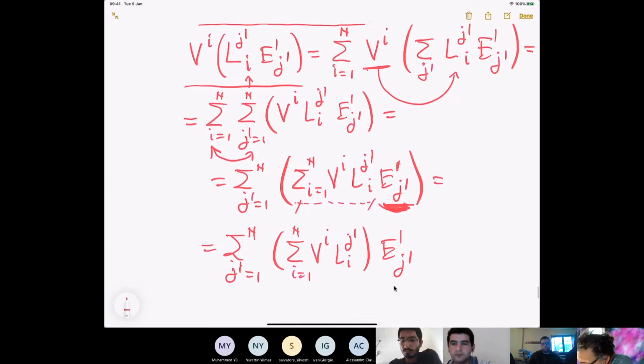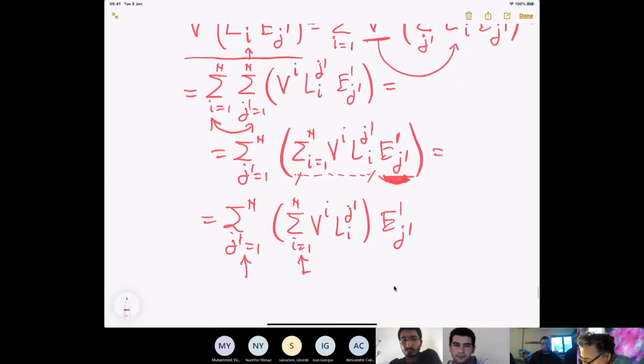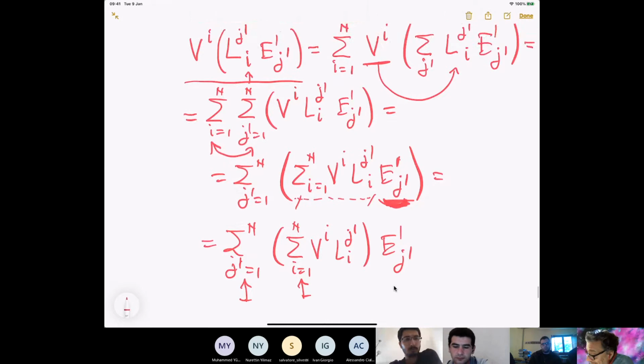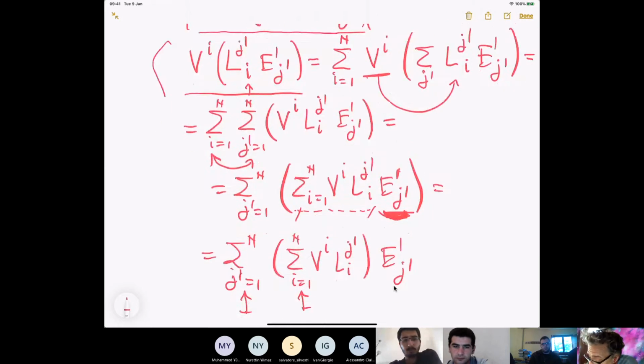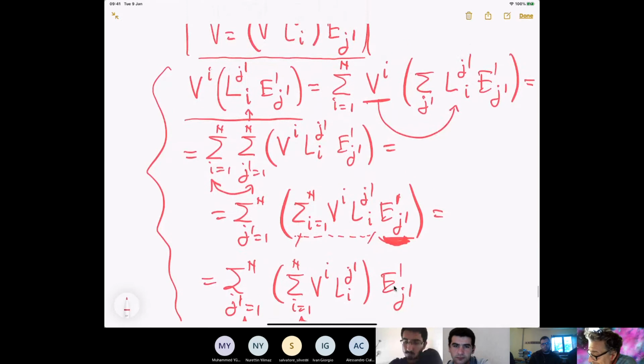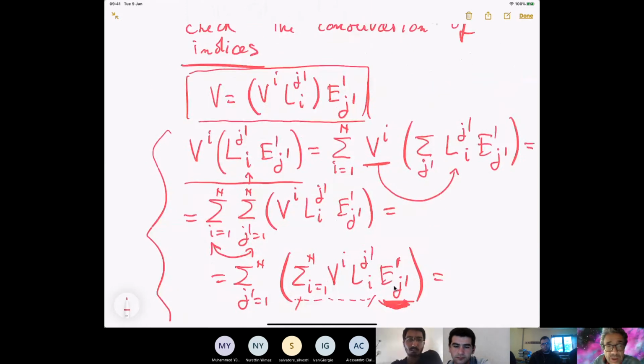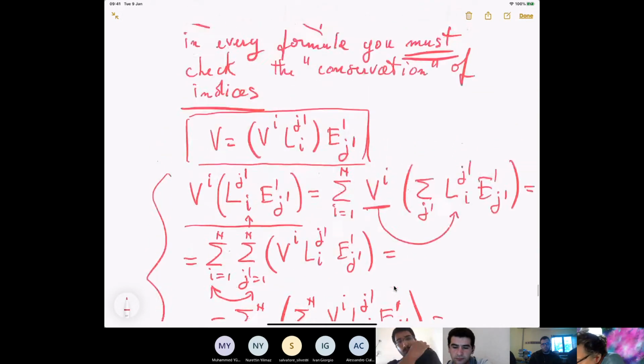I hope that you have familiarity with this symbol. If you have some doubts, think about this reasoning and consider how clever Einstein was in finding a notation which allows us to make these calculations so quickly.